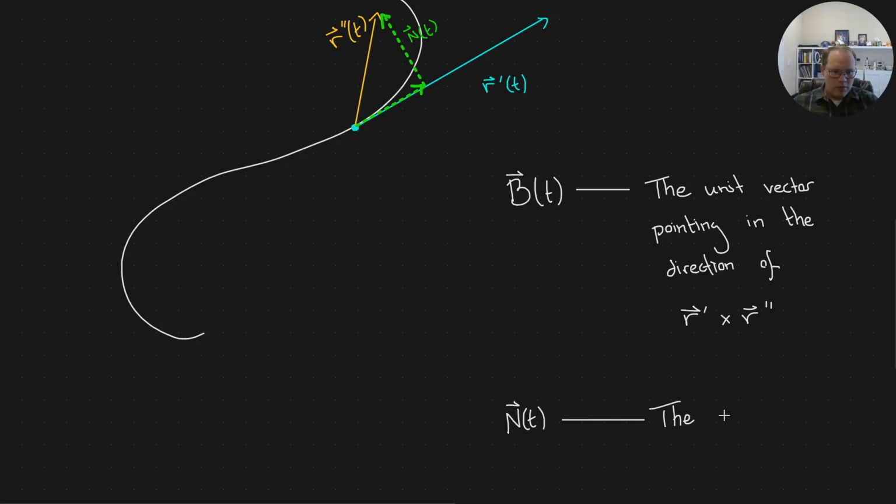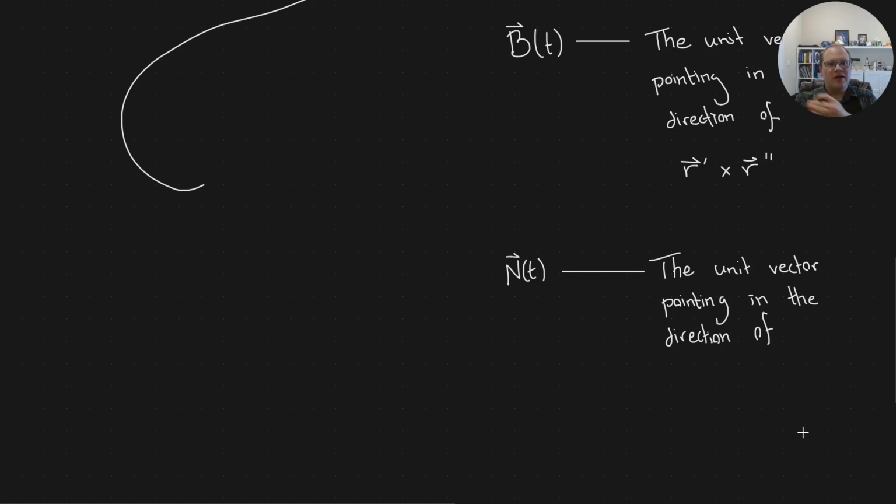So the unit normal vector will be the unit vector pointing in the direction of, and so I want to take the cross product of a vector pointing in the direction of the binormal vector, so this guy, that's pointing in the right direction, with a vector pointing in the direction of the unit tangent vector.